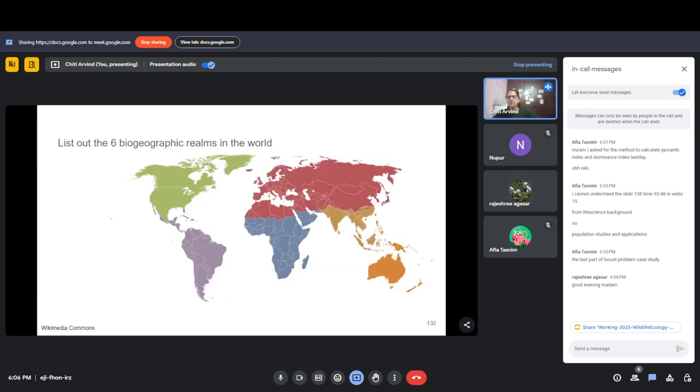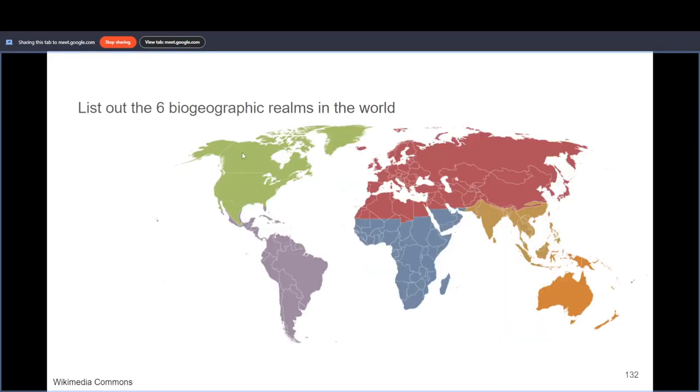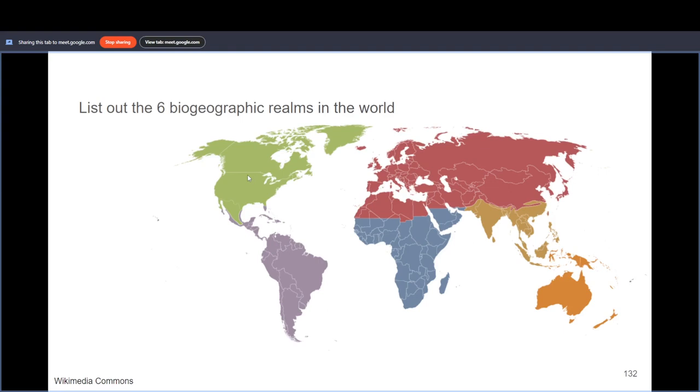So I have a very simple slide that shows 6 biogeographic realms in the world. Would you like to take a name of what these realms are? We can start with the green one. Any idea what this is called? This biogeographic realm in green.